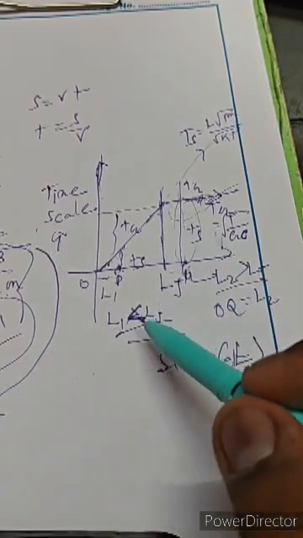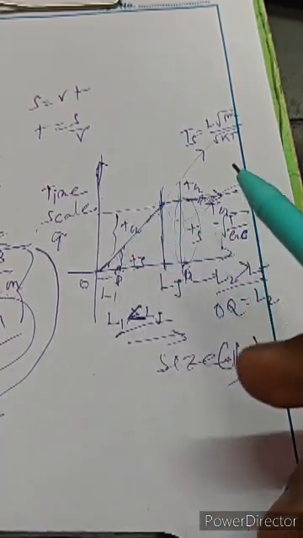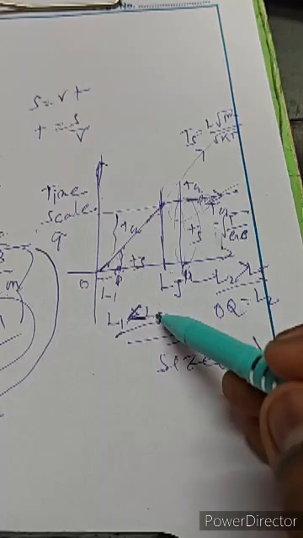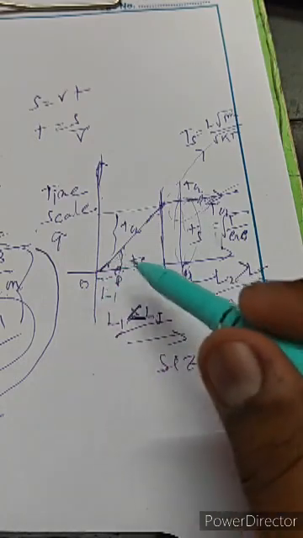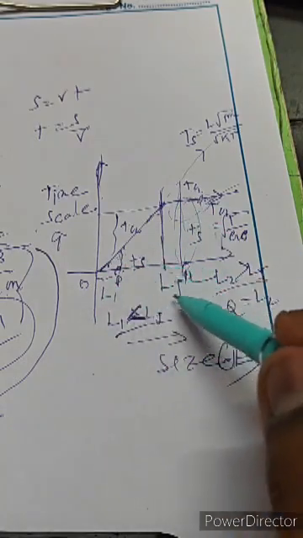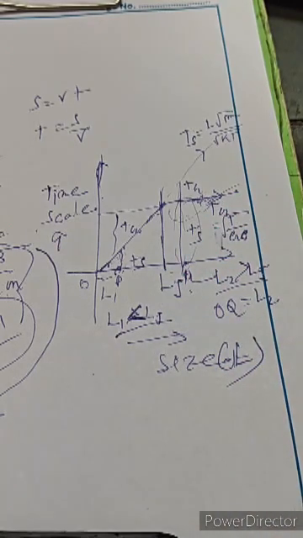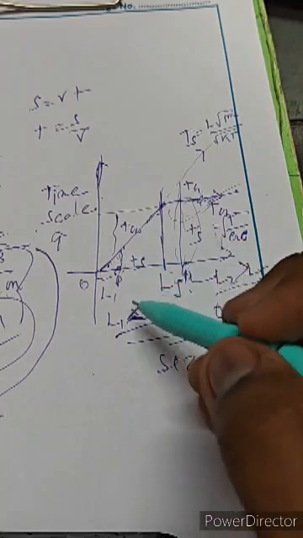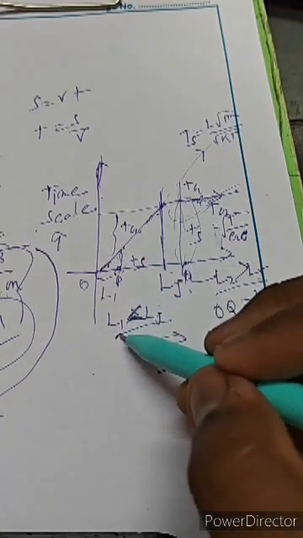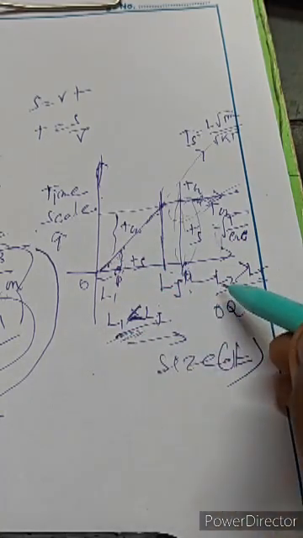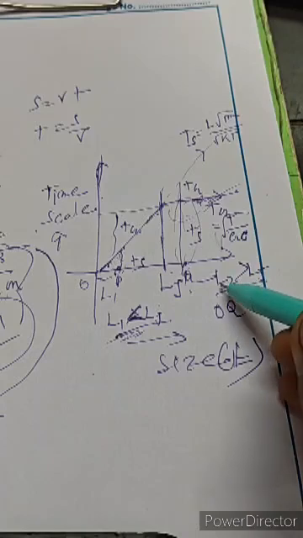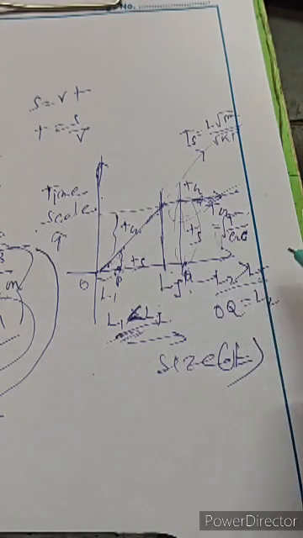So here we see, and you clear your concept, that if the size of the planet is less than Jeans length at the specific pressure, temperature and density, then it will not collapse, it will oscillate. And if it is greater than Jeans length, then it collapses.